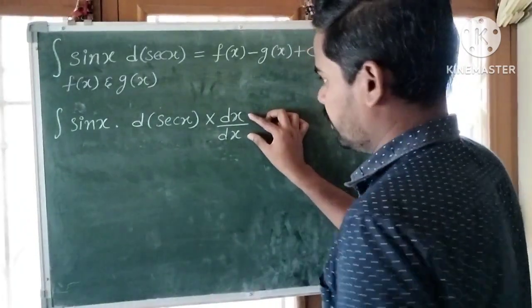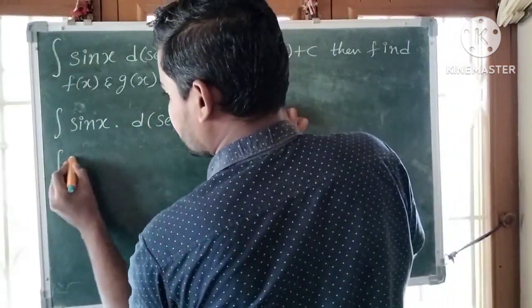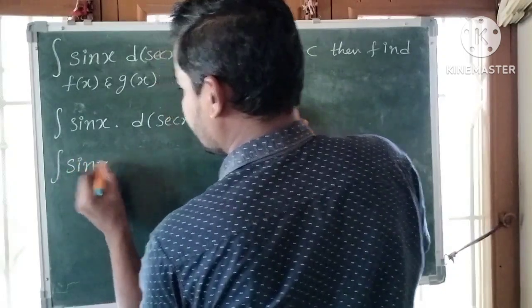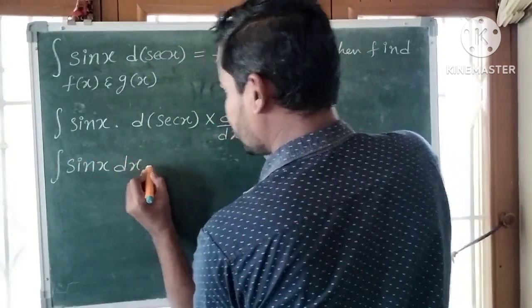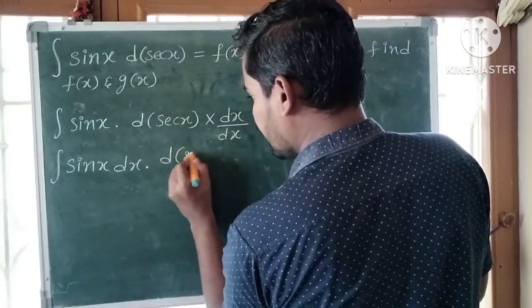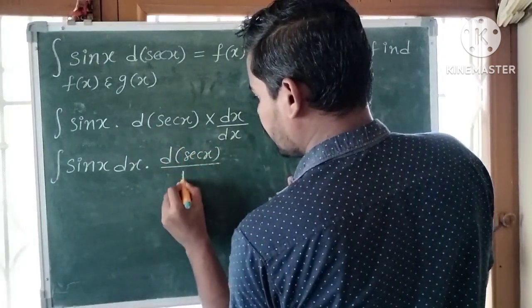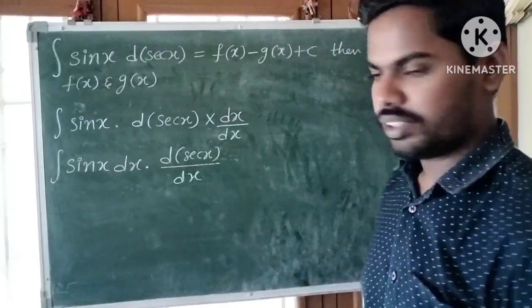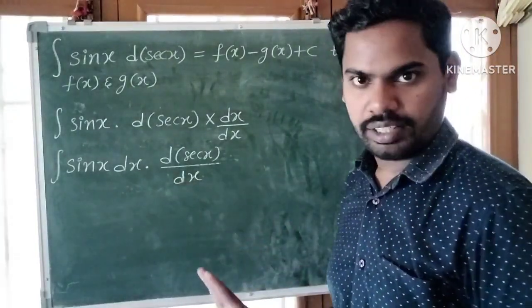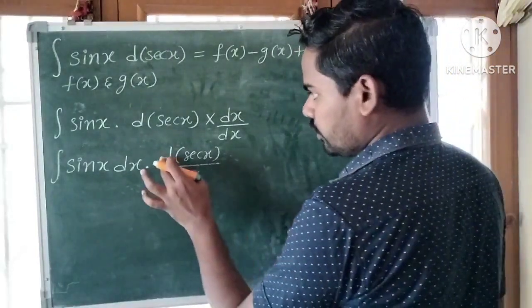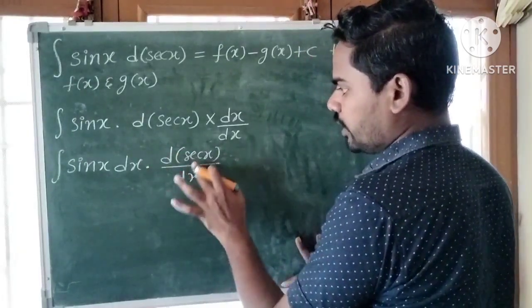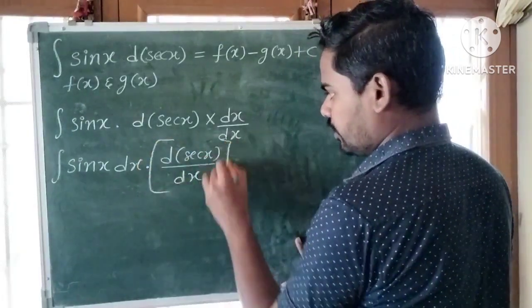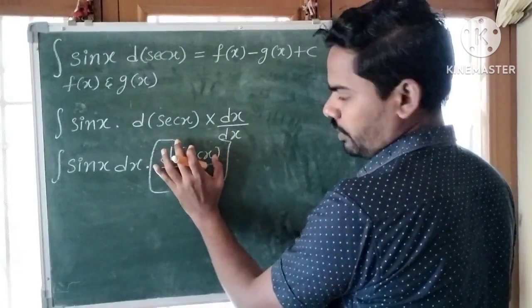Now integral sin x into dx into d of secant x by dx. So it's like the derivative of secant x, d by dx. See, the derivative of secant x with respect to x. Now here we have to apply differentiation.